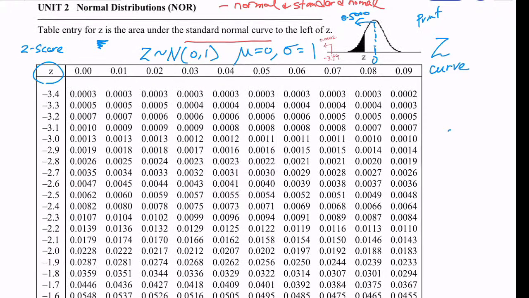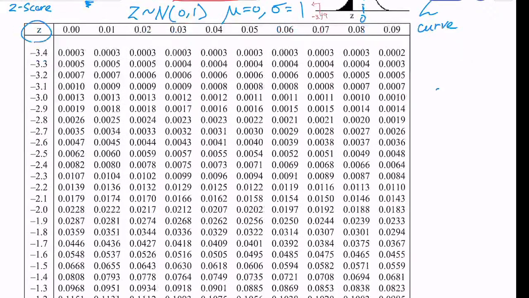Negative 1.62 is here. You see it's the same number. That gives you the area on the left.